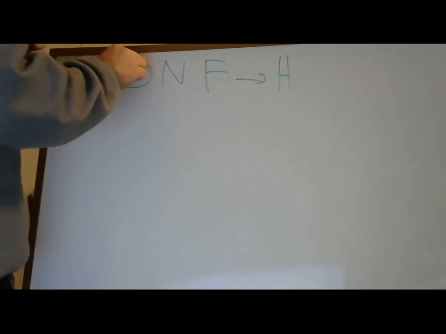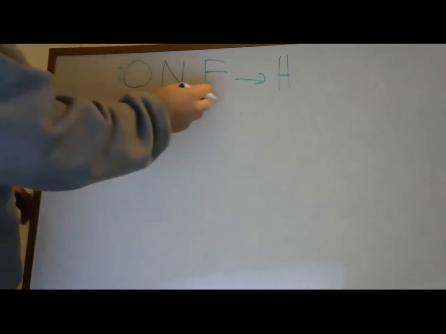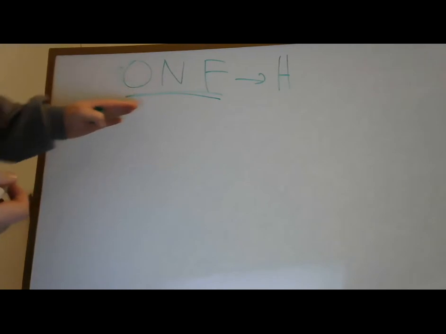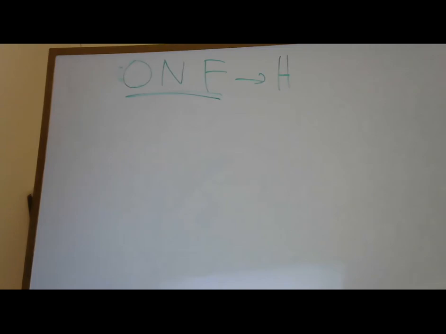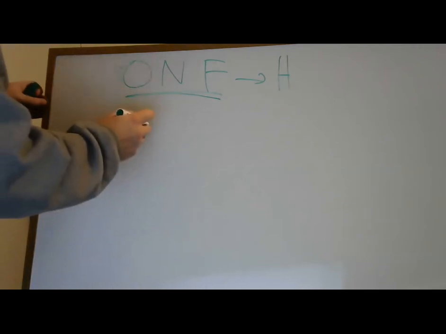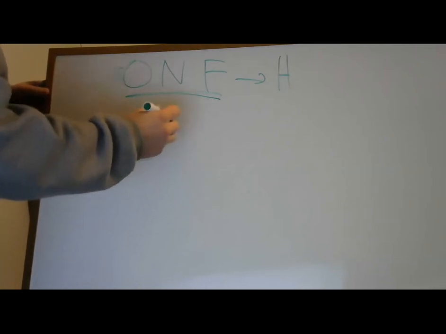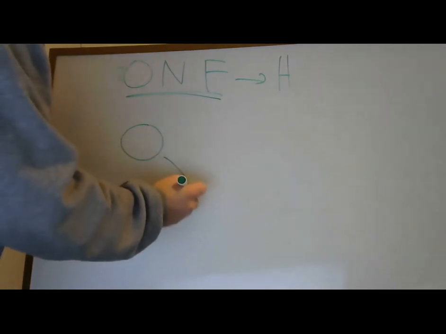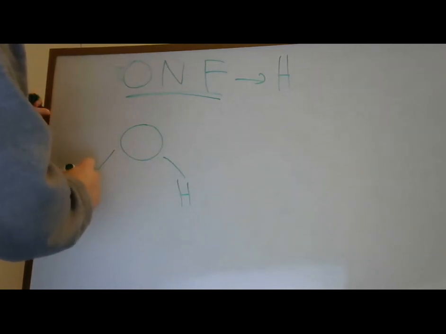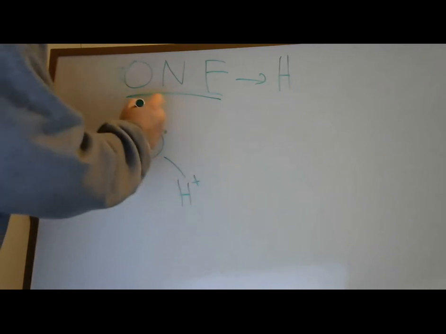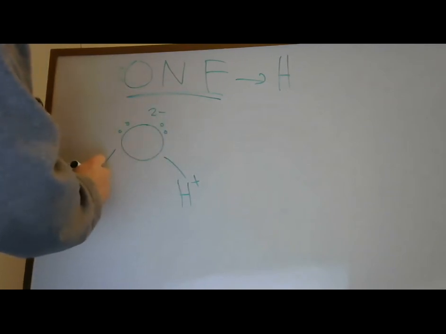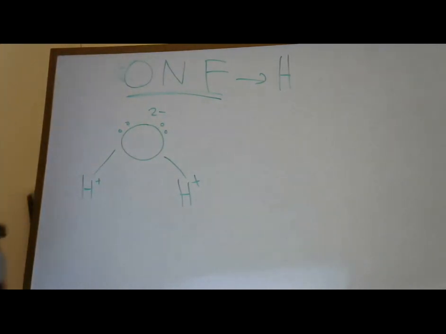Hydrogen is not very electronegative, whereas these three are, and they love to bind with hydrogen, and they love to hog the electron. So we'll stick with oxygen because it's nice and easy. So oxygen, we know it hogs the electrons. So this has a 2- charge. Hydrogen has a positive charge.